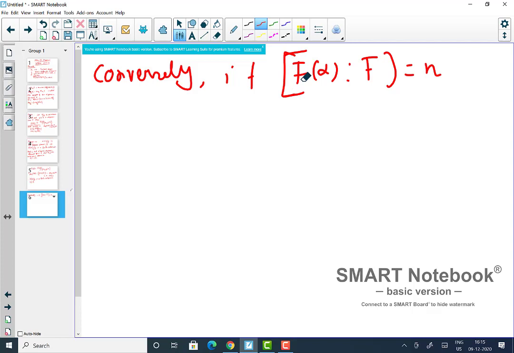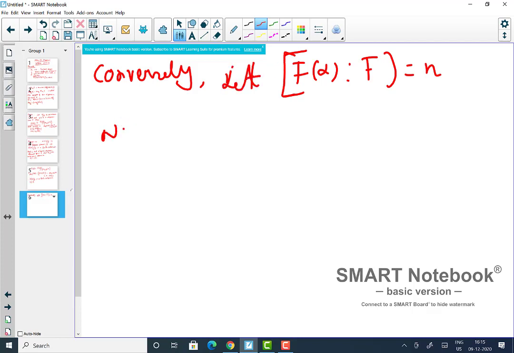Obviously you can do something in calculus, fractional dimension, other things, Hausdorff dimension in topology, but I am not discussing that. So this algebraic dimension, if it is n, we consider conversely the dimension equal to n.